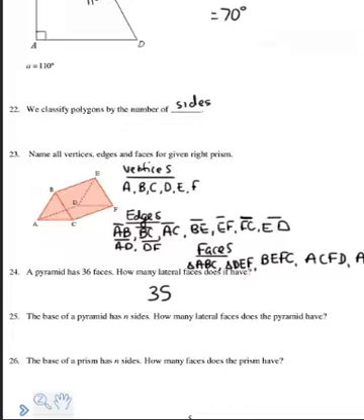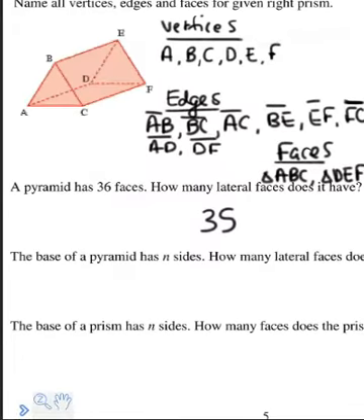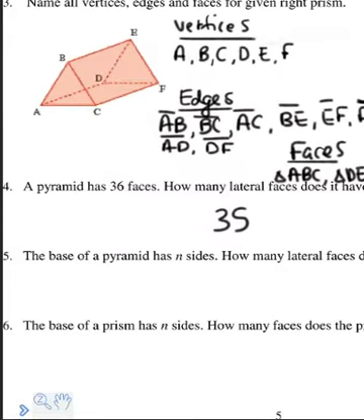Okay. Similar type of question. The base of a pyramid has n sides. How many lateral faces does the pyramid have? If you think about it, we can just draw the net of a pyramid. Let's say the base is a square.